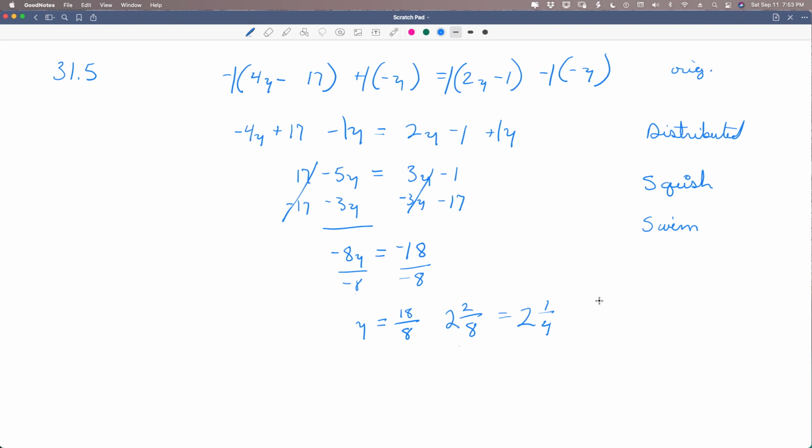Let me double check my answer. And that is correct. You could also leave it as 9 over 4, which is just as correct. So we divided, then we solved and reduced. And there we go. Those are our steps. And that is all we have for lesson 31.